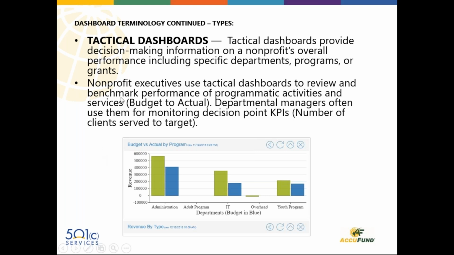Nonprofit executives use tactical dashboards to review and benchmark programmatic activities. Departmental managers often use them for managing key decision points, like clients served. This could be a graph of how many clients you said you were going to serve versus how many you actually did. There's a lot of possibilities, which we're going to talk about in a minute here.